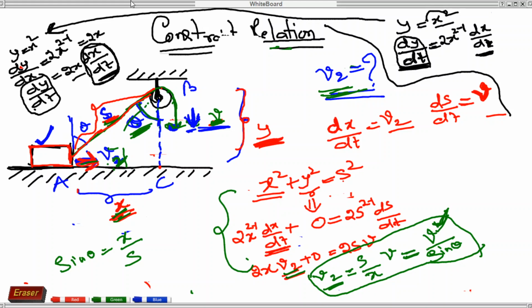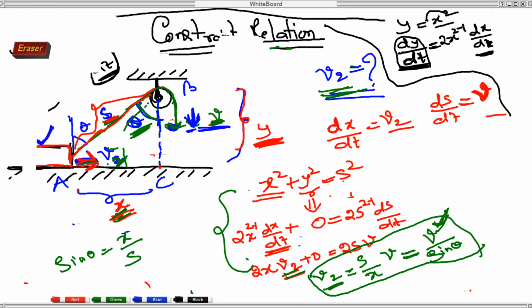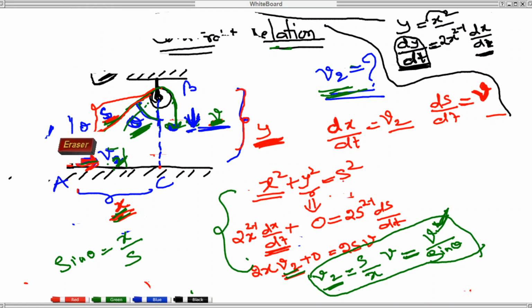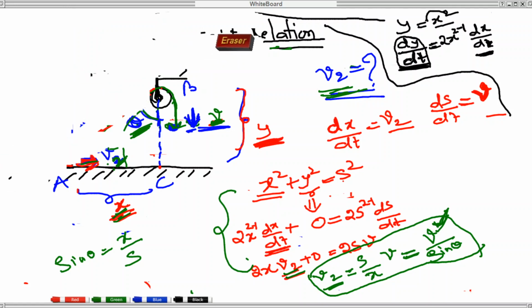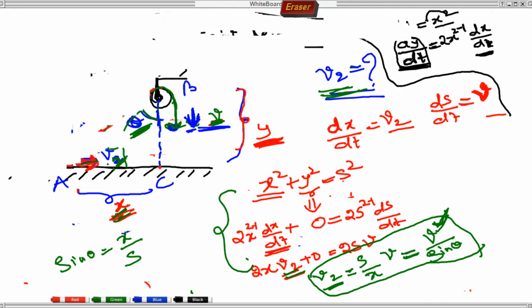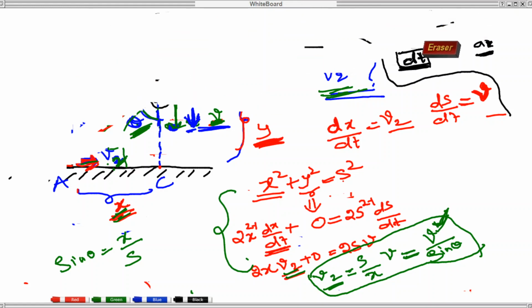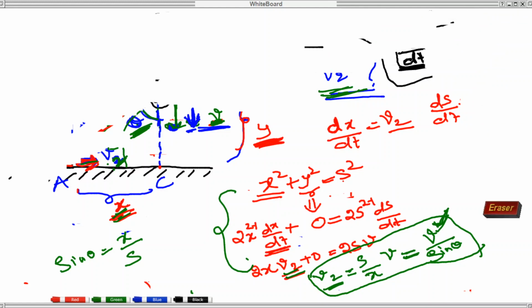So let's move to the third scenario. Remember, as you come across more things in physics, differentiation and integration will become common things for you, because they are widely used in physics.